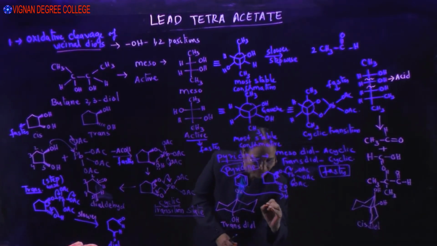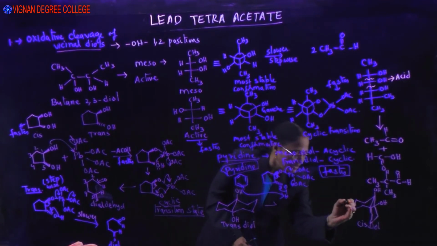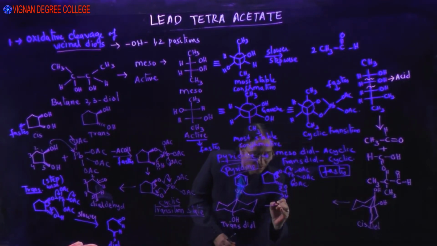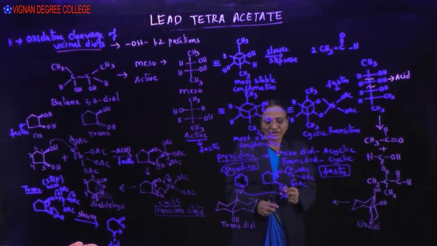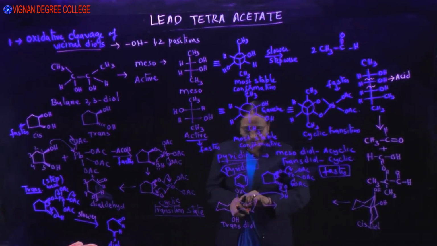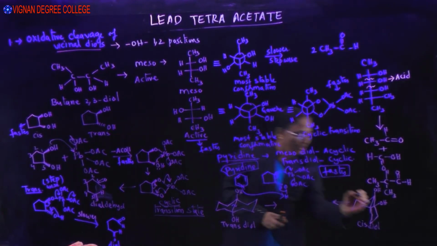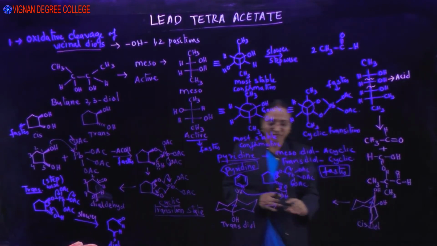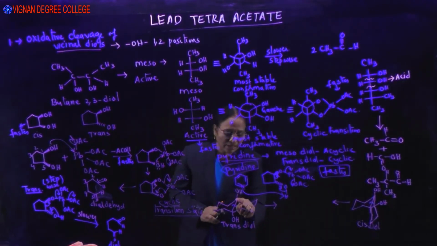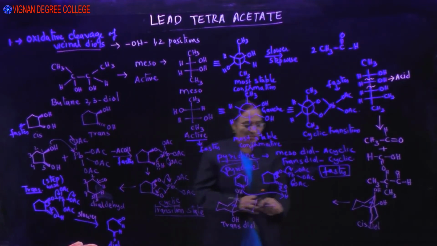So, both the trans diol as well as the cis diol will lead to the same carbonyl compound, leading to the cleavage of this particular carbon-carbon bond. This bond will undergo cleavage. So, we will get a carbonyl group at 1, 2, 3, 4, 5, 6 positions.